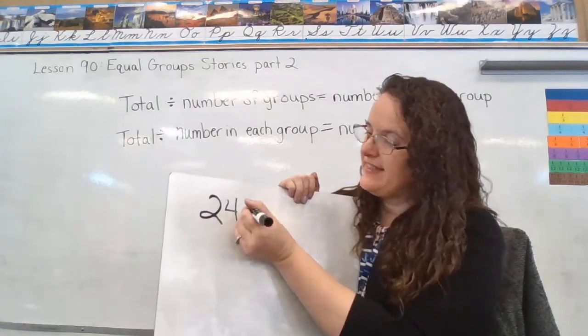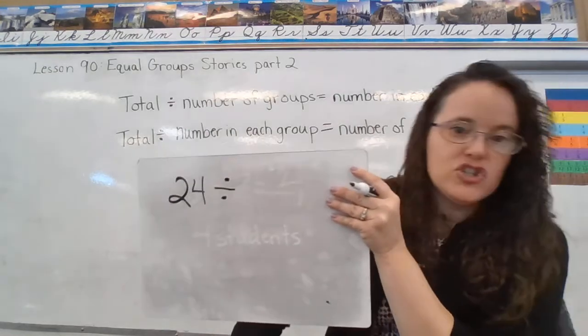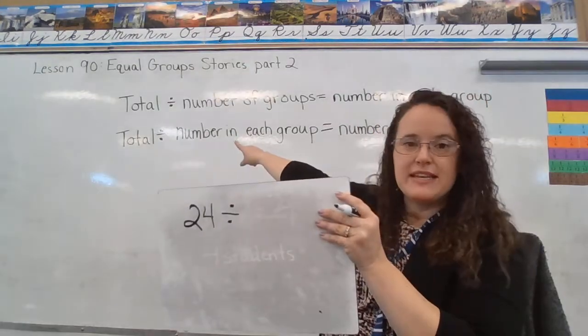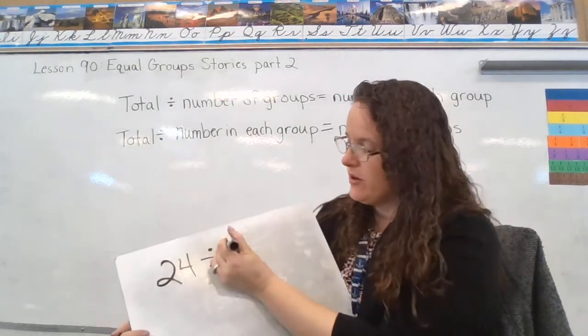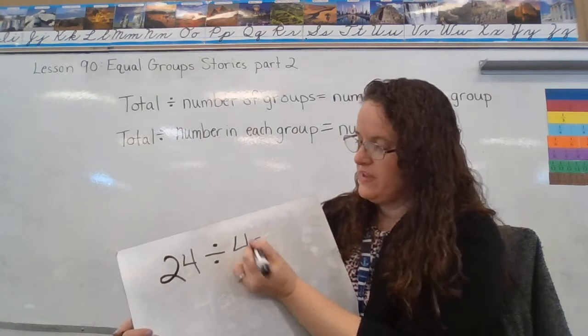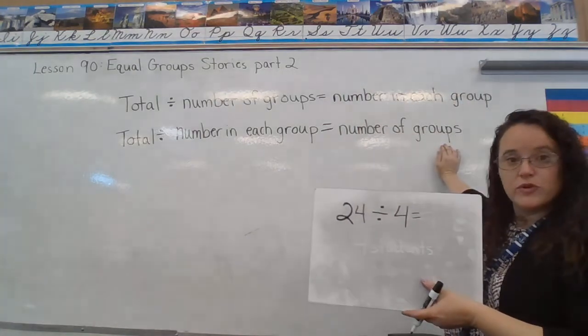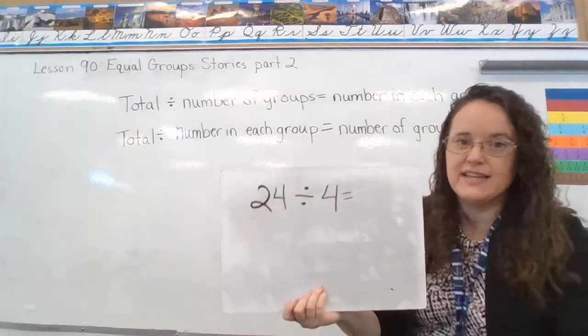We're going to divide that by, the question says, each table will seat 4 people. So that's going to be the number in each group. Each table seats 4. So when we find our answer, we're going to know the number of groups, which in this case is how many tables do we need?